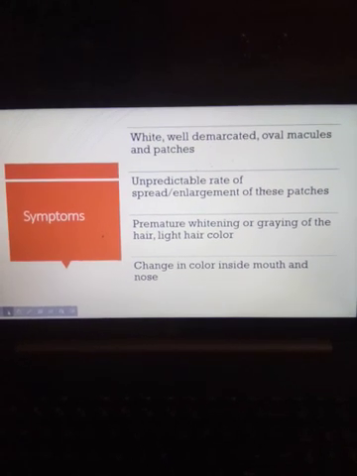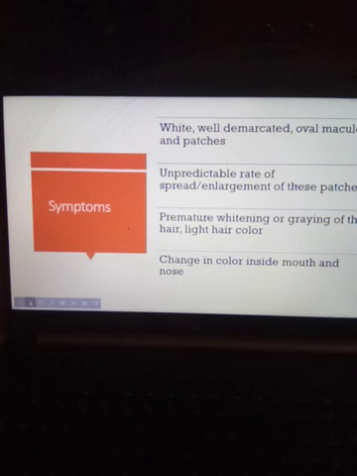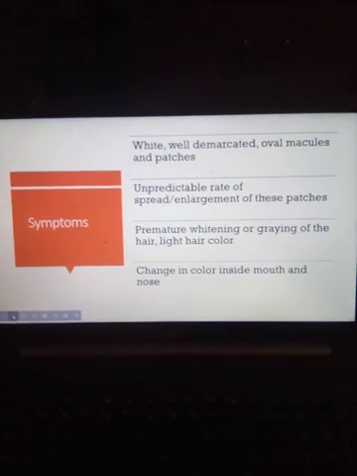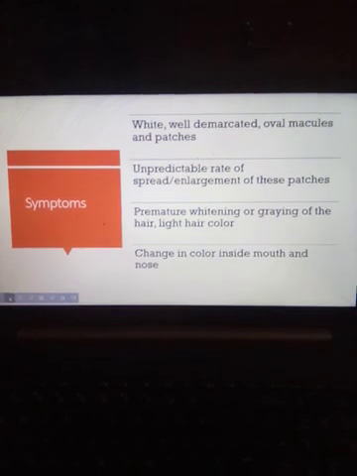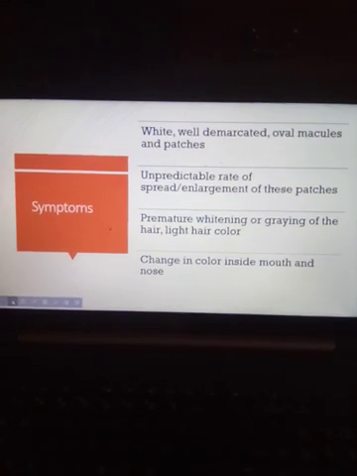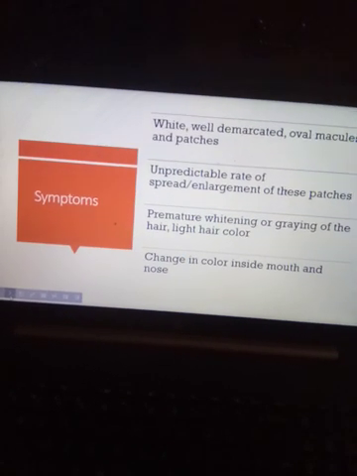There's premature whitening or graying of the hair. There are changes inside the mouth and nose also, which are white spots inside your mouth and on your head. Where the hair is, there'll be lighter colored hair on places where there are patches or macules.